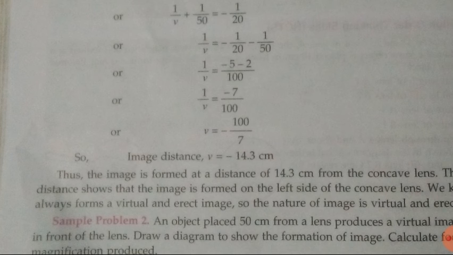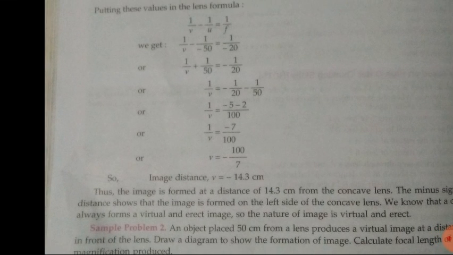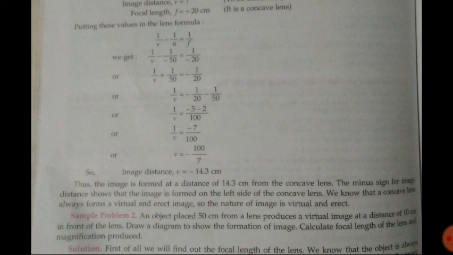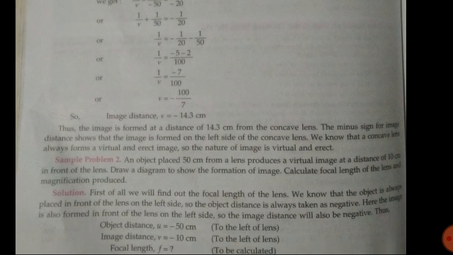So this is the position: the image is formed at a distance of 14.3 centimeter from the concave lens, and because the minus sign is coming here, it is on the left side, that means on the same side as the object, and it is virtual and erect.